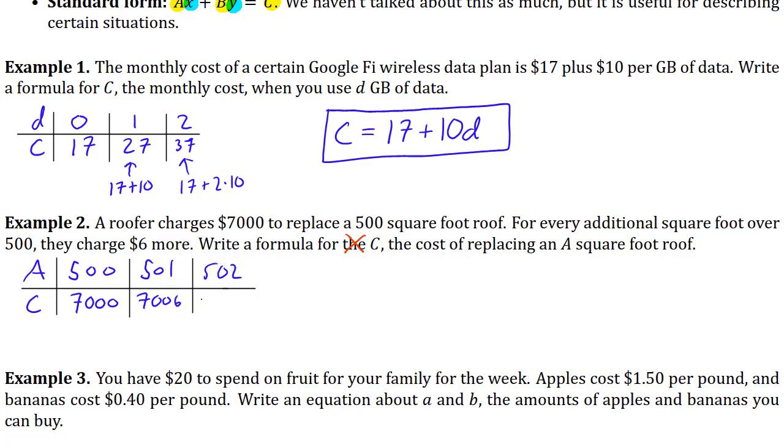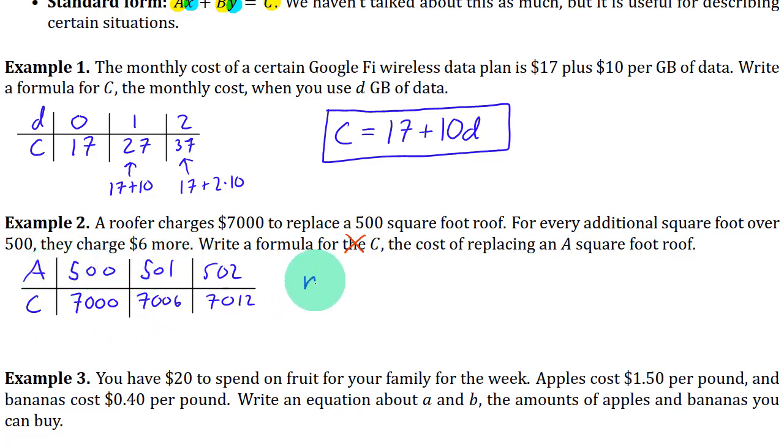Then the cost is going to be another $6. So 7,012. Okay, so this is a situation where we know how much C goes up every time the area of the roof goes up by 1.